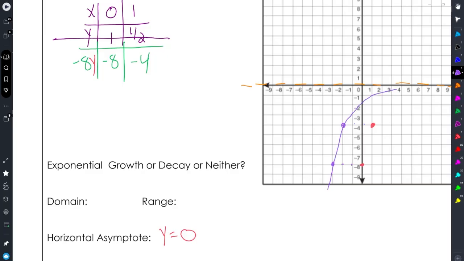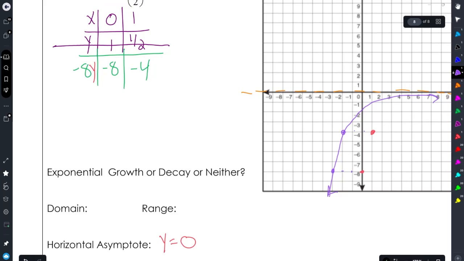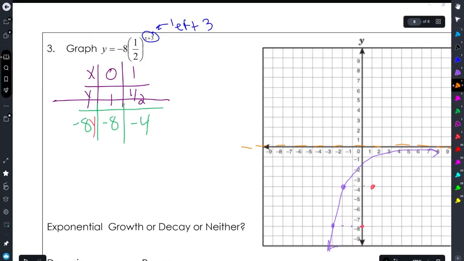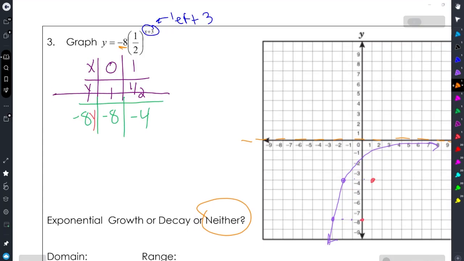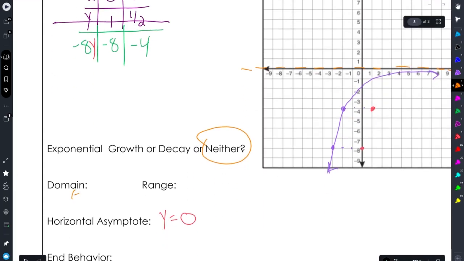So my graph is going to look like this. Now, this one is not exponential decay or growth because our a value is negative. So this is neither. Domain is going to be -infinity, comma infinity.